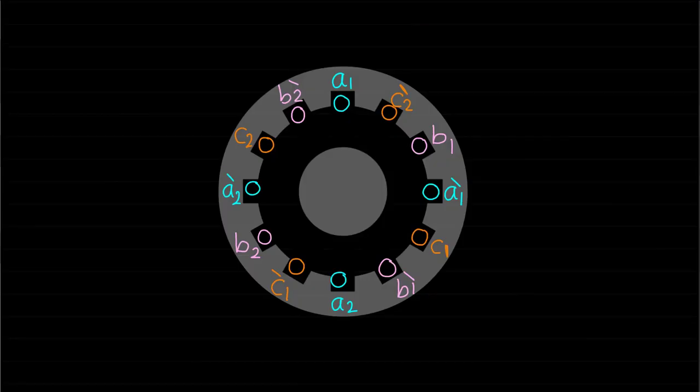So, in the case of the four-pole stator shown, the rotating magnetic field can be represented by four rotating poles as shown. The rotating magnetic field generation of the stator will be discussed and proven mathematically in detail in a separate lecture.